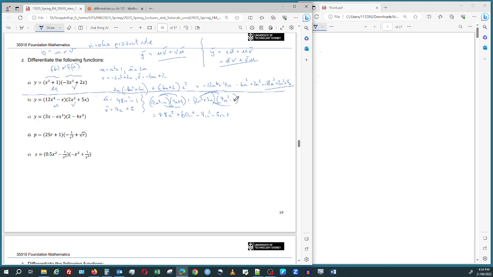That one was 12x4 u v dash, 4x5 v u dash. 48, sorry, I left the 48 out. 48x cubed minus 1. So 2x squared times 48 will be 96. Wow. x5, 2 and 3. x5, 2 minus 2x squared.